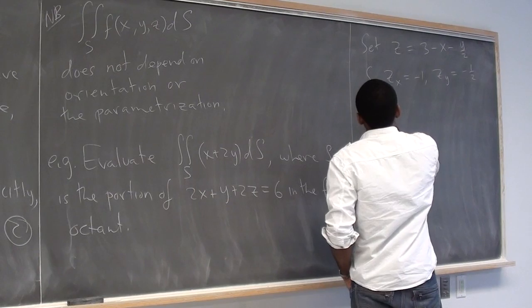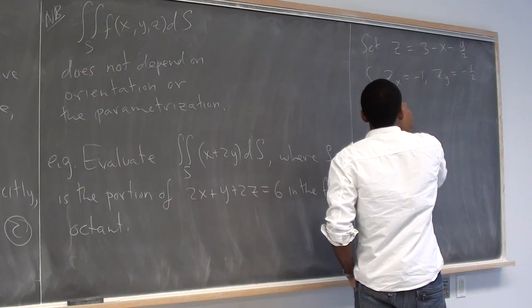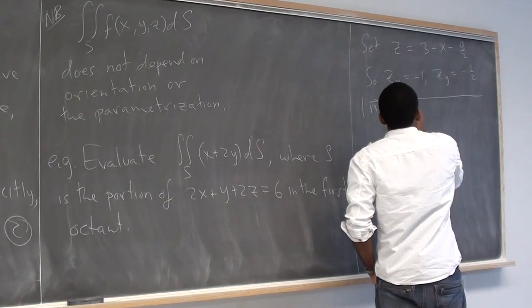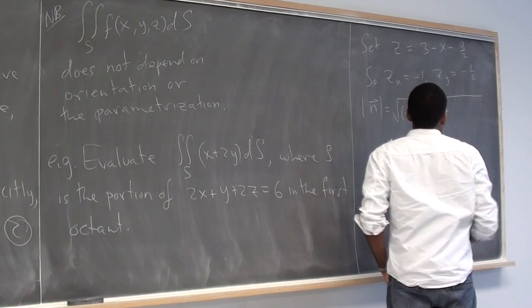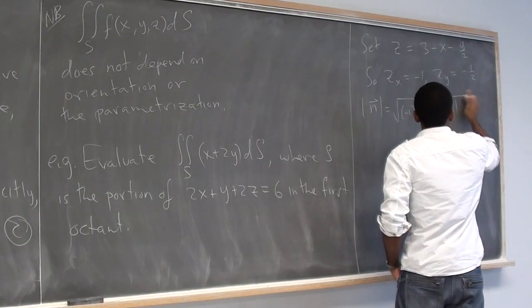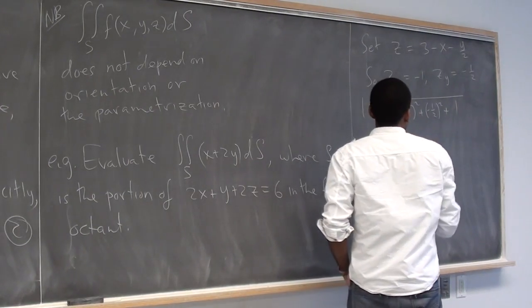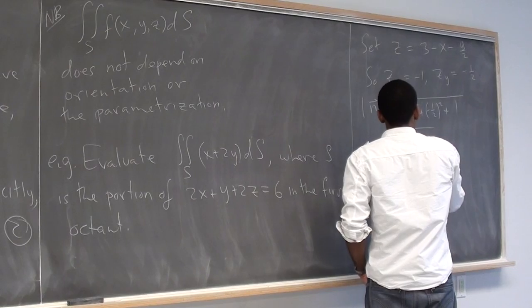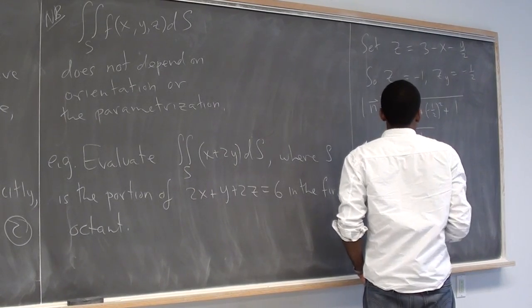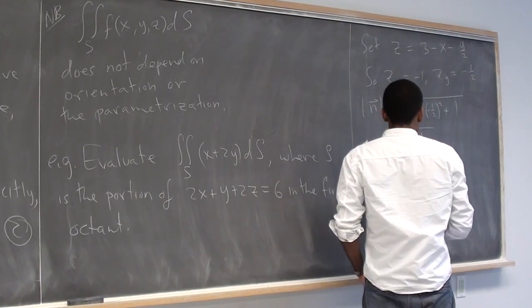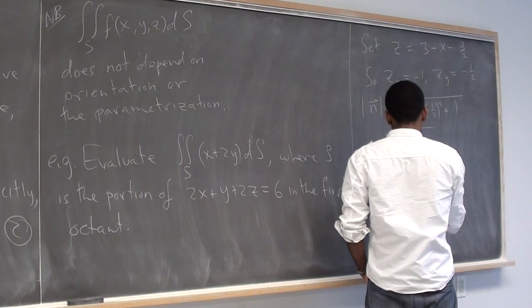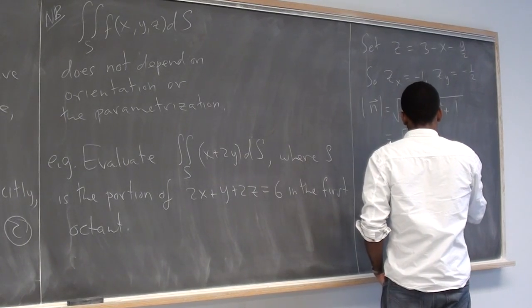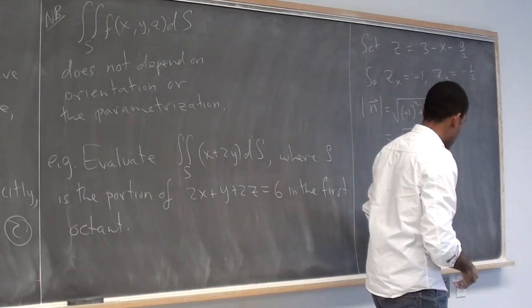So the magnitude of the normal would be the square root of minus 1 squared plus minus a half squared plus 1. This is radical 2 plus a quarter. 2 is 8 over 4, so this would be 9 over 4. Alright, so the magnitude of your normal is 3 over 2.